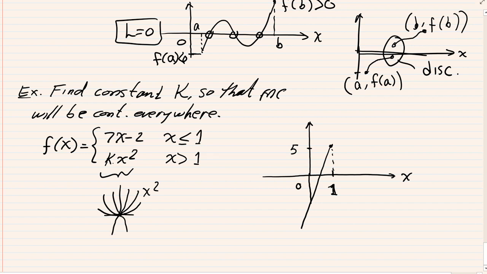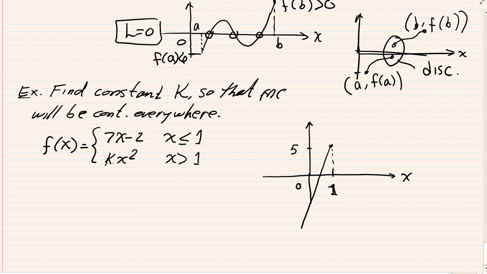If k is less than 0, it reflects. If k is between 0 and 1, it becomes flat. Greater than 1, it's going to be narrow. But the point being is that I have a parabola, and I'm going to assume in this case k is positive.